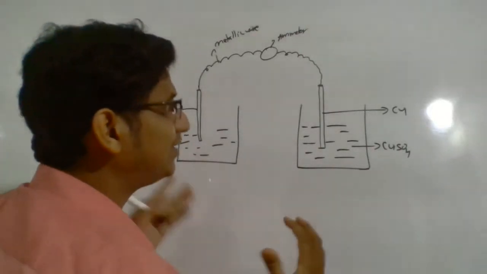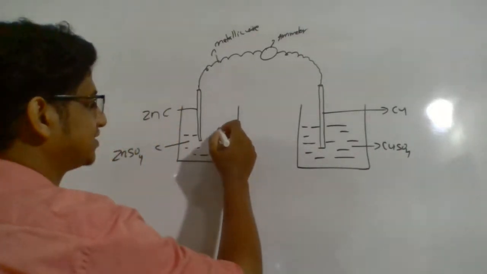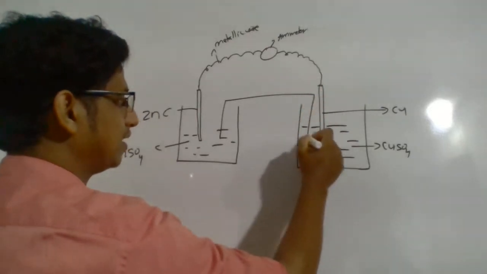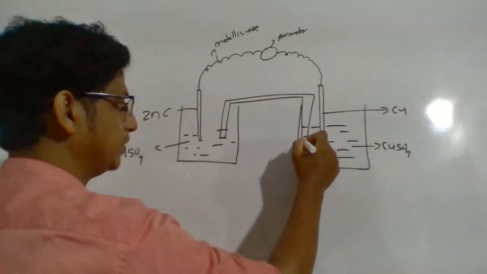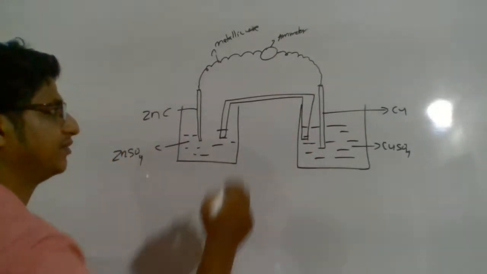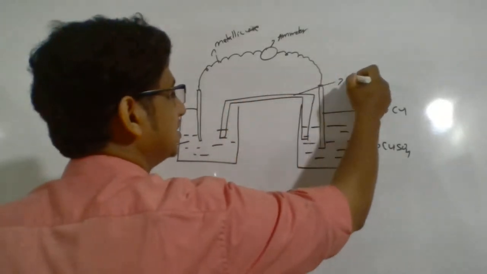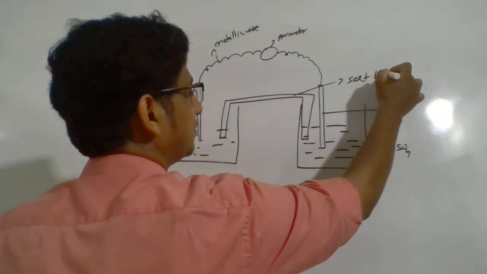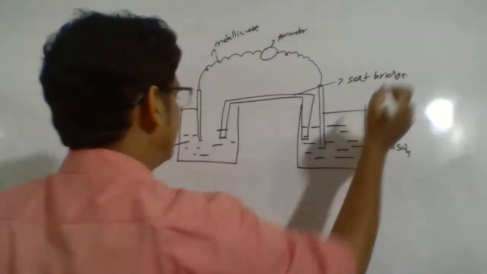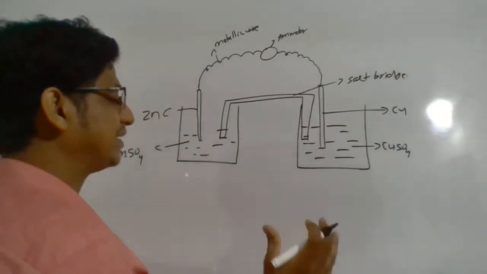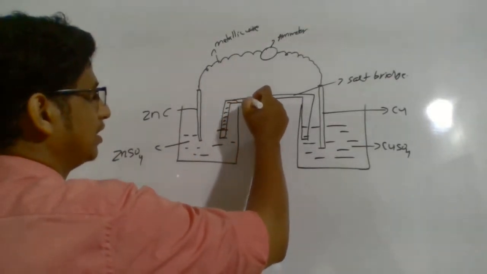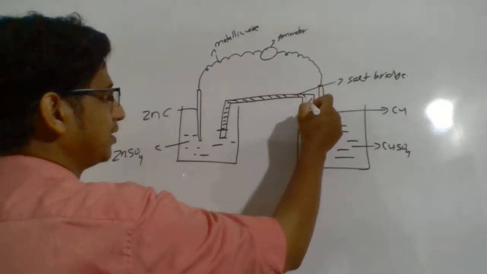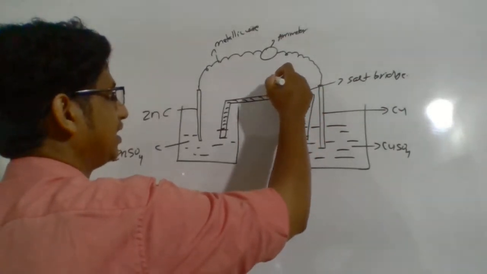Now, to connect internally, the two half cells are connected by a glass U-tube, a U-shaped vessel that we call a salt bridge. The salt bridge internally connects the two solutions, and a KCl solution is filled here.